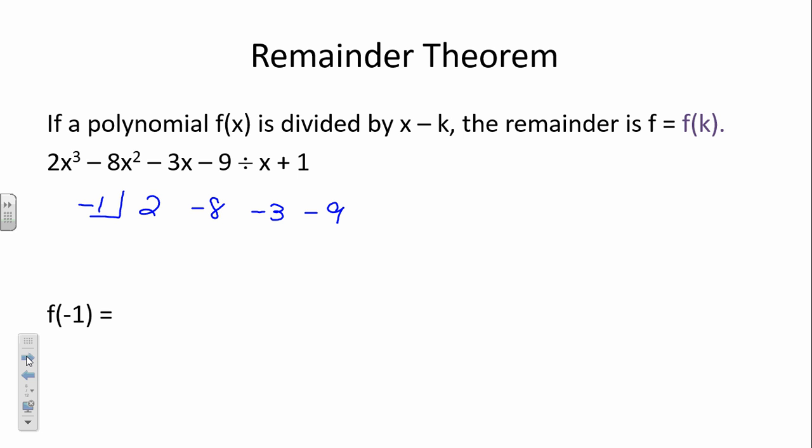See how much quicker that is? We drop down the 2. Negative 1 times 2. Add. Negative 1 times negative 10. Add. Negative 1 times 7. Add.